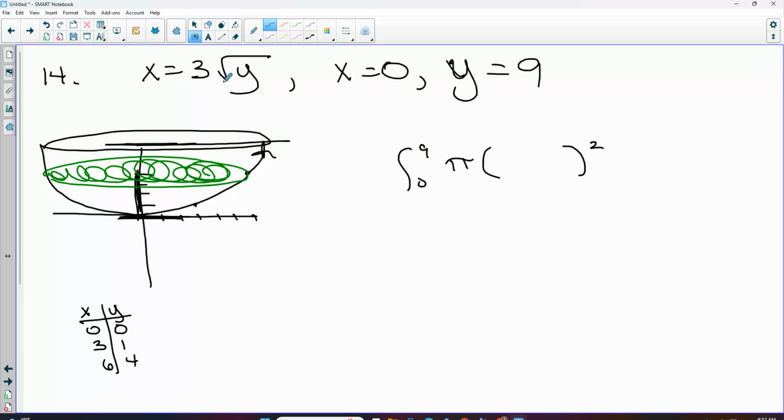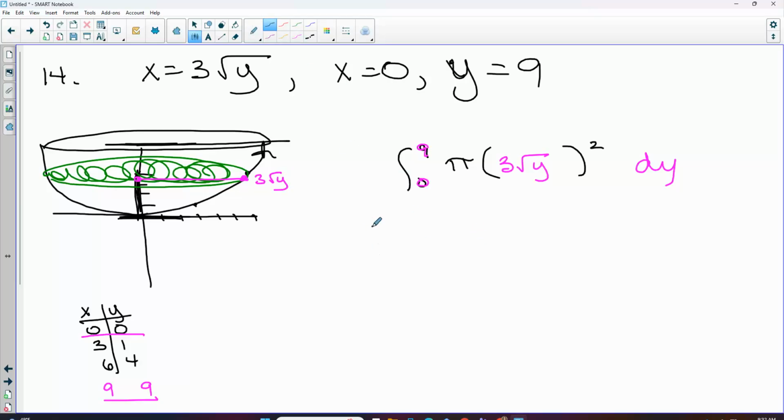Now, I think my limits are still okay because when y was 0, x is 0. When y is 9, x is 9. So these are still y values. If I'm working in terms of y, my radius is 3 radical y, dy. The reason it's easier to work in terms of y is right here. You're looking at this radius. It's just from here out, and we already said this curve is 3 square root of y. Okay?